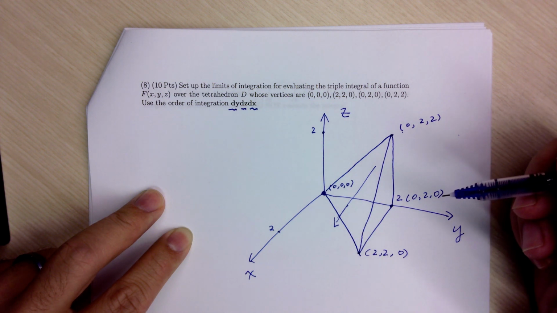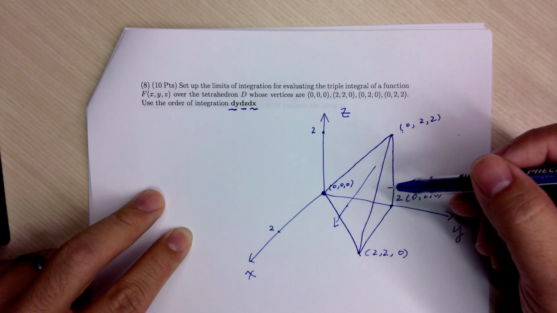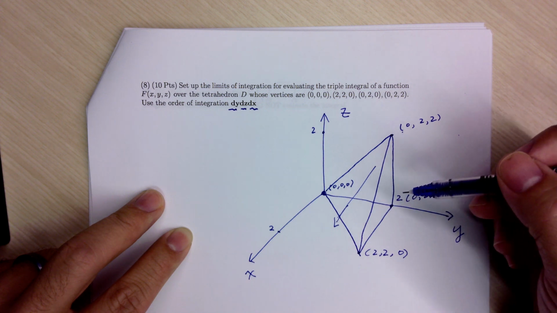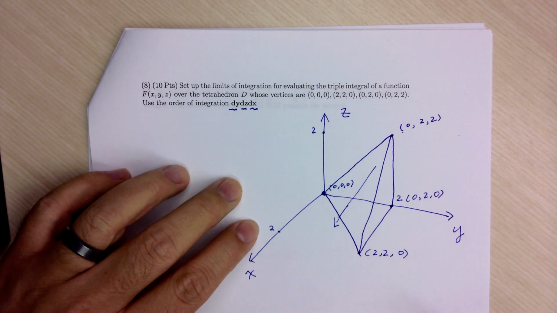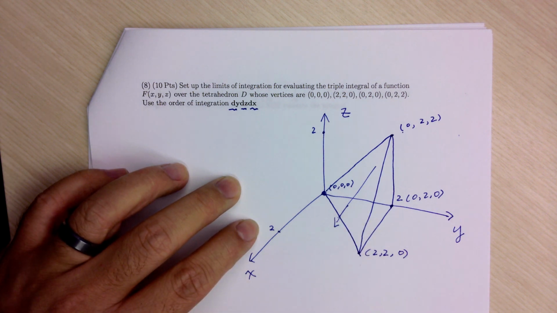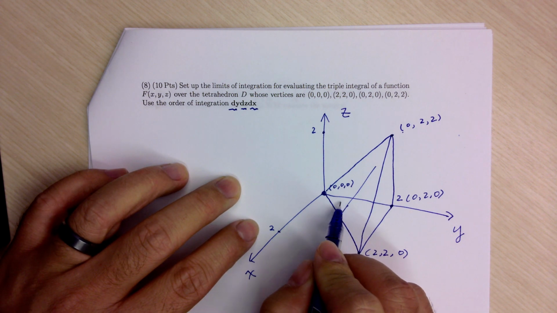Excuse me, I think I made a mistake here. So in this way, it's going to be working on dx first. So if it's a dy, in that way we actually need to go along this direction.